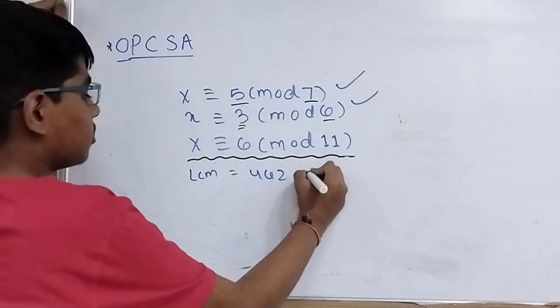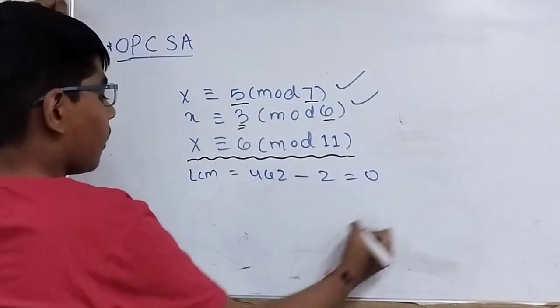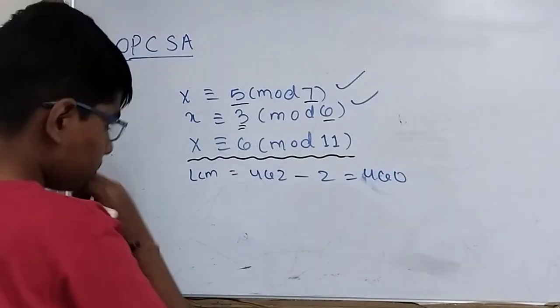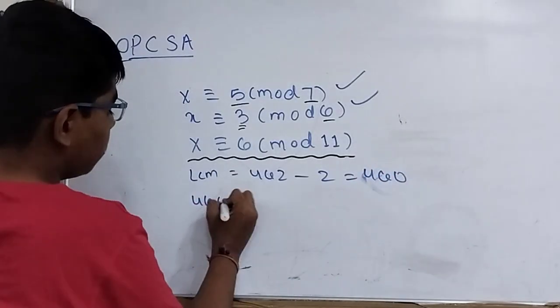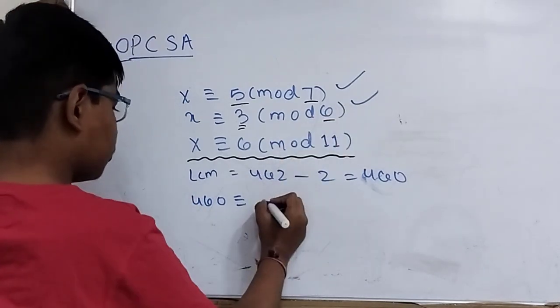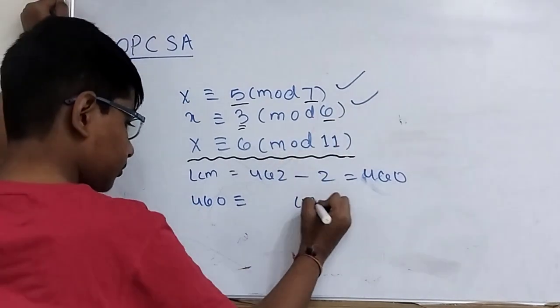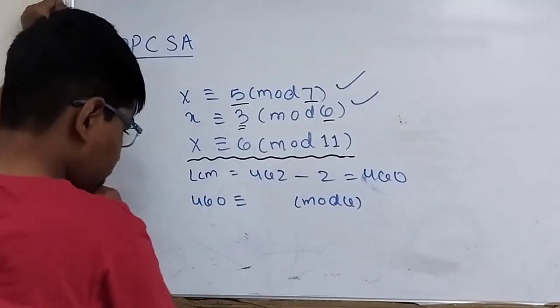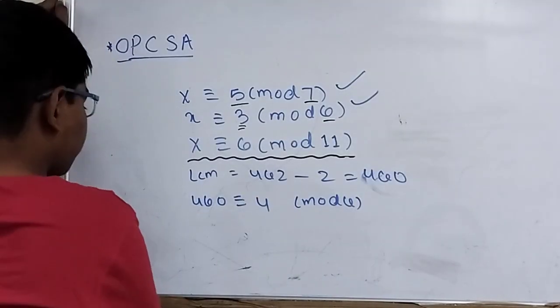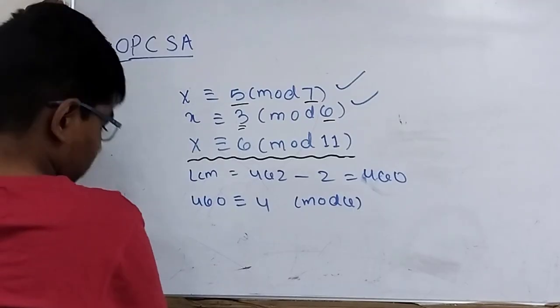Subtract this from minus 2. And then first find mod 6. How much do you get? 4. Okay, because 456 divided by 6.